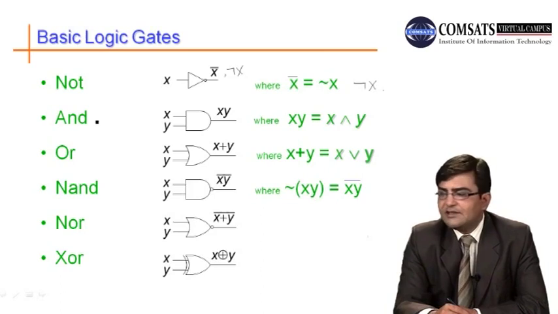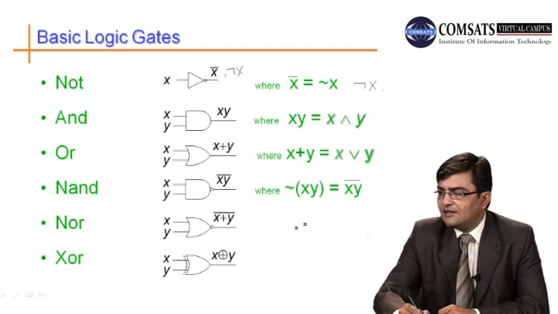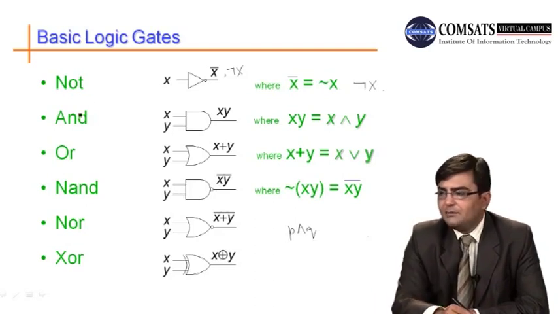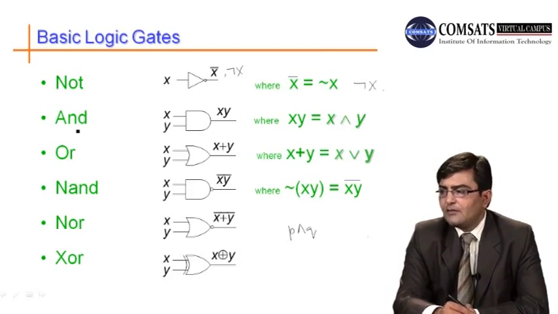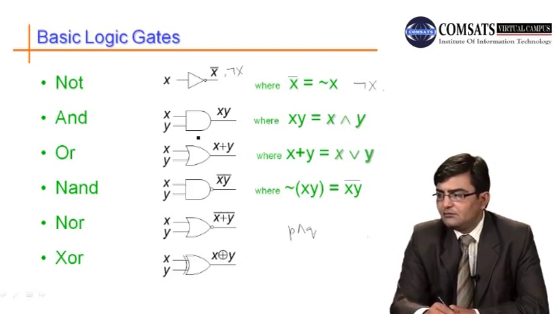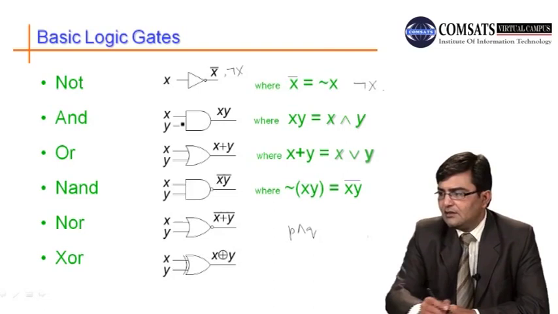Another basic logic gate is AND, which is also the conjunction operator between two propositions. As we have seen in previous lectures, if we have two propositions P and Q, then the conjunction operator is P and Q. So here we have a basic logic gate which is called AND, and it can be represented by this symbol.